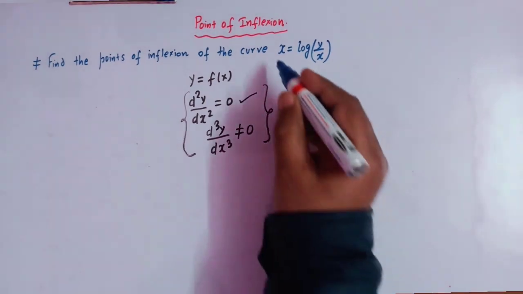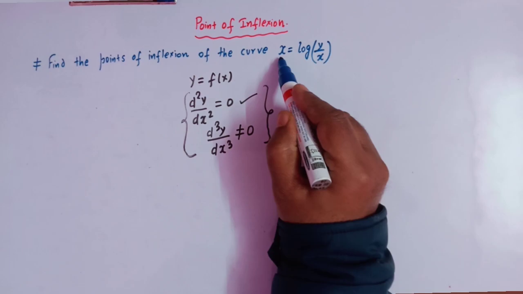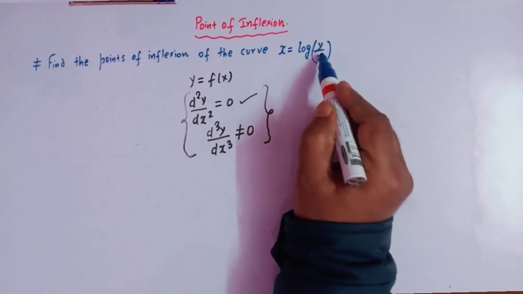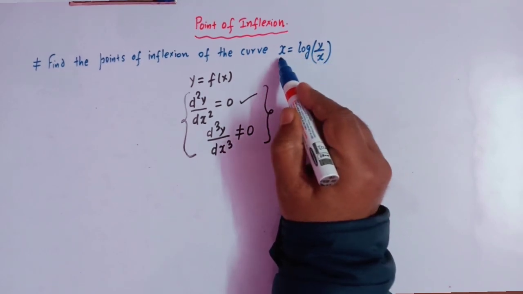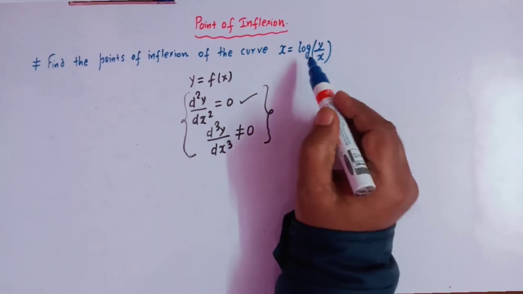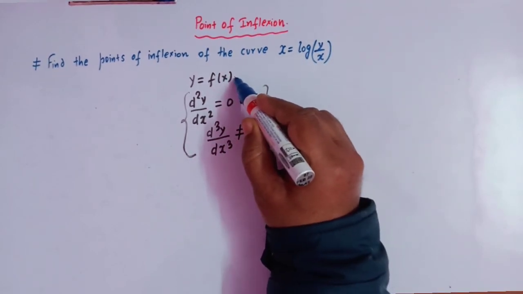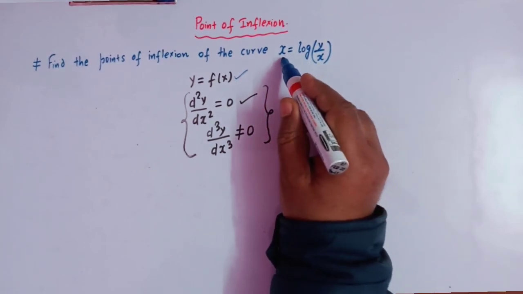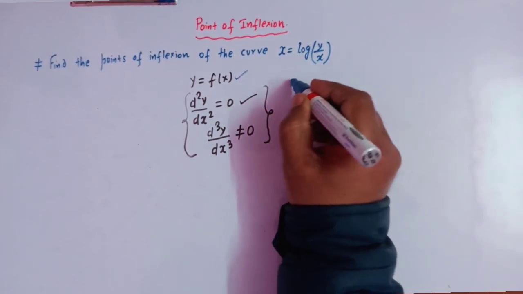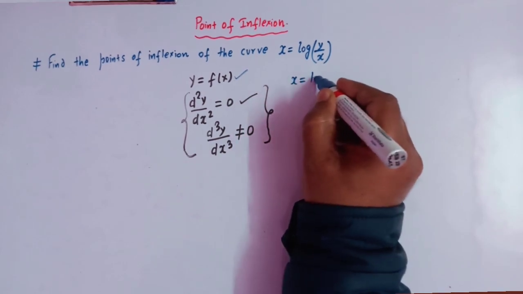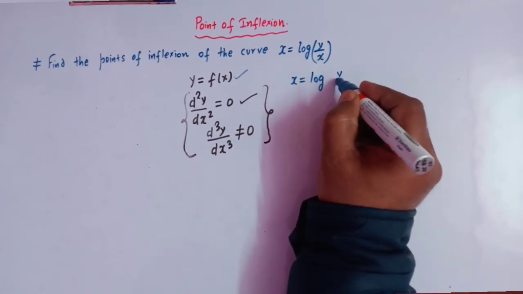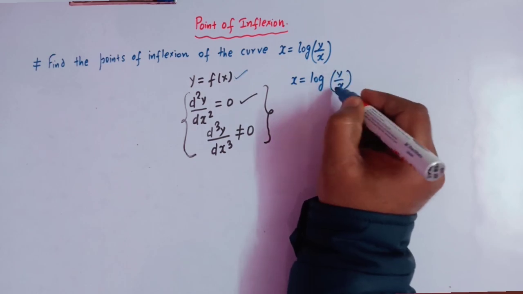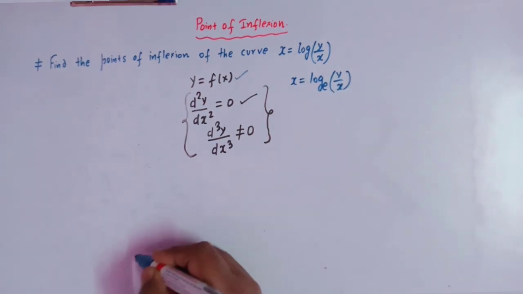Now here the equation of the curve is x is equal to log of y over x, right? Let us first express this equation in the form y is equal to f of x. For this, we have x is equal to log of y over x, and the base of the logarithm is e, right?